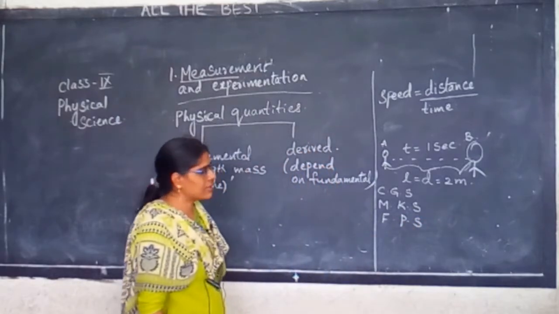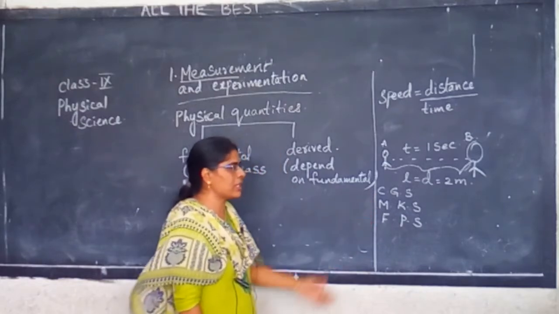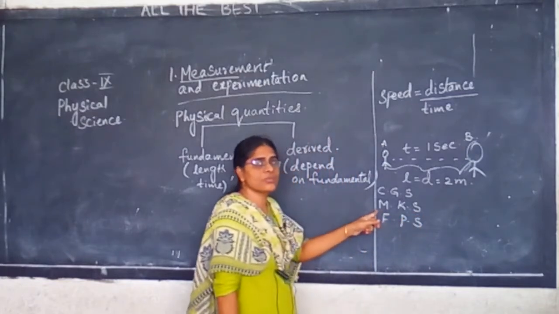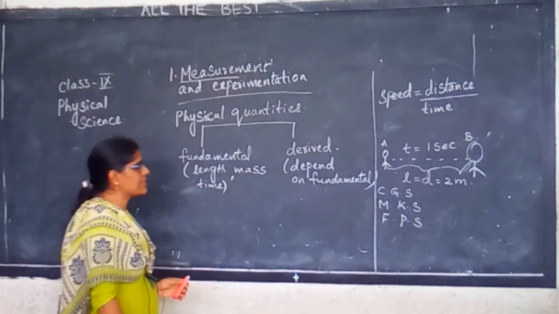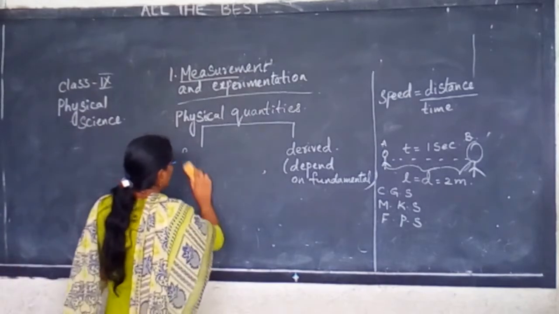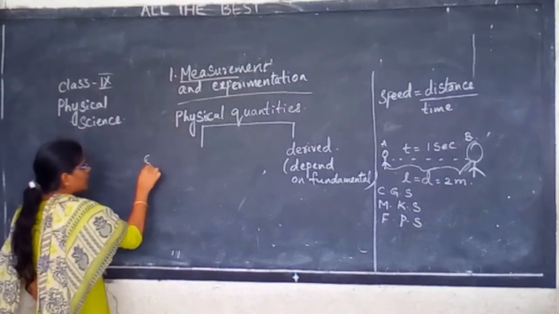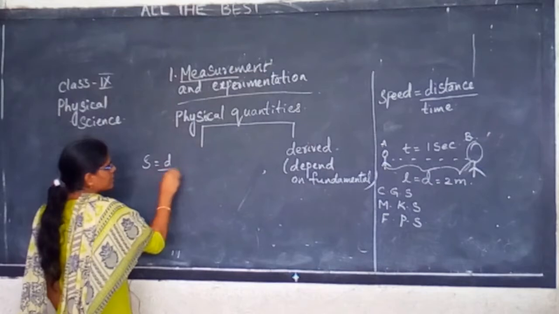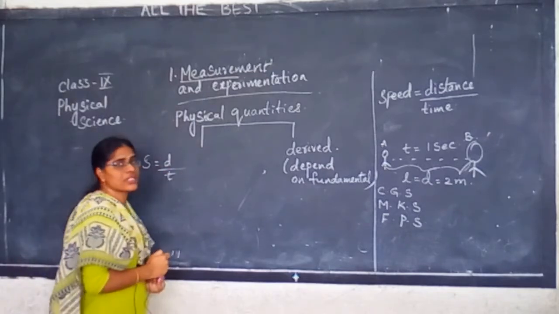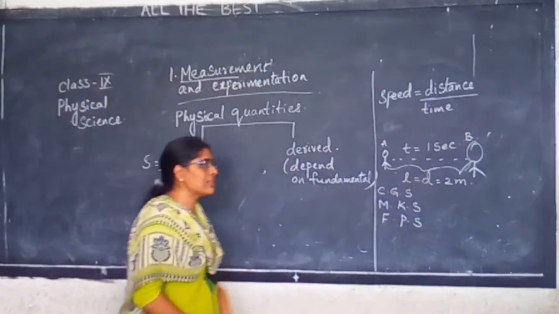These are the 3 systems we will be measuring any physical quantity. Now let us take our familiar system, standard system, MKS system. Now in MKS system, how will you write the speed formula there? Speed equal to what is it? Distance by time. In MKS system, distance is nothing but length.